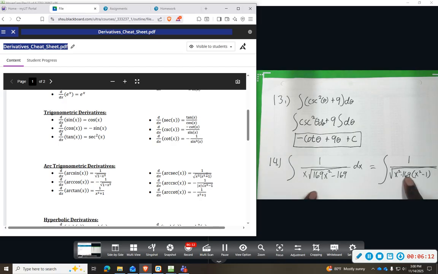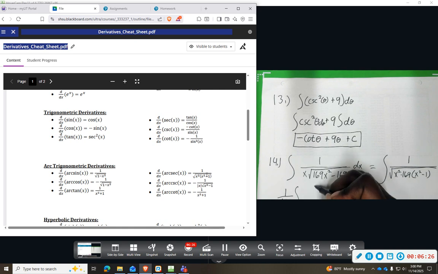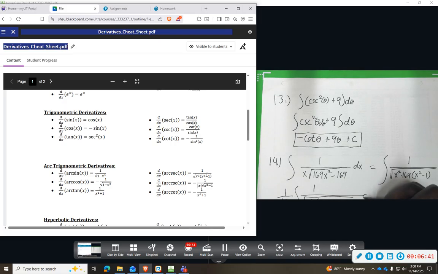If we do the square root of 169, that's going to give us 13. So I can pull a 13, it's going to be on the bottom. So I can rewrite this as 1 over 13 times the integral of 1 over the square root of x squared times x squared minus 1 with respect to x.